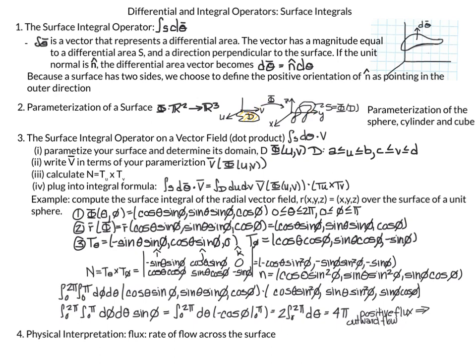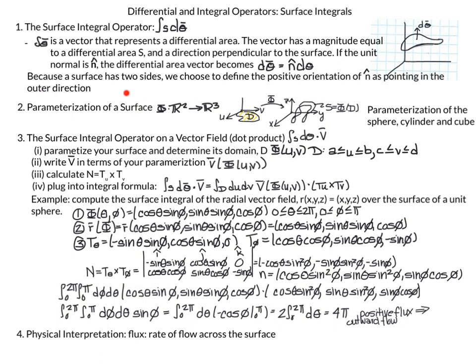This mapping is what gives us our surface. It takes a domain, maps it to a surface. The three surfaces we will parameterize will be a sphere, a cylinder, as well as a cube.